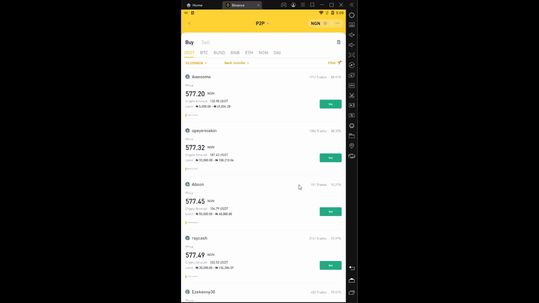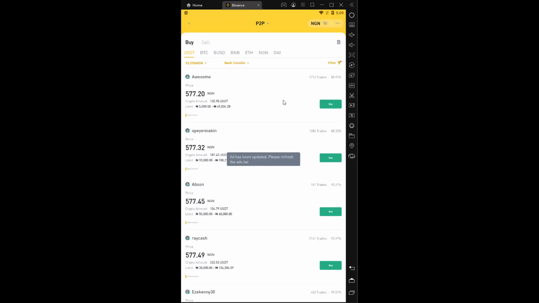So make sure you are not selecting anyone with less than 1,000 trades. I can select this one, which has about 1,700 trades, and this shows that this person has been in the system for a long time to be able to complete this number of trades. So it's a bit reliable.